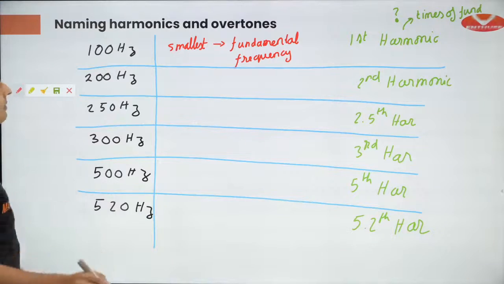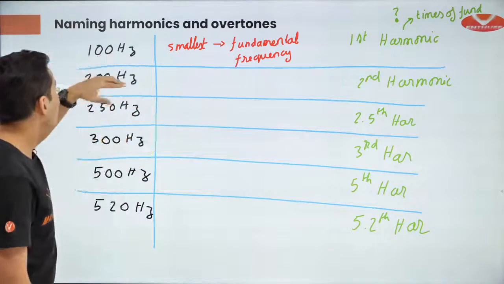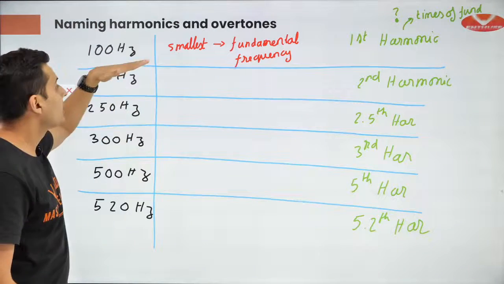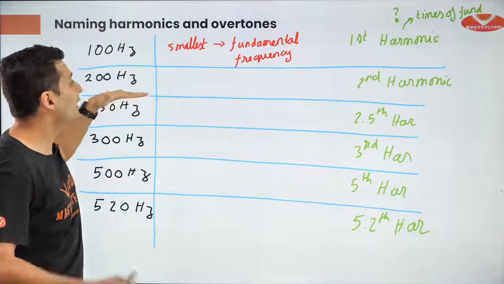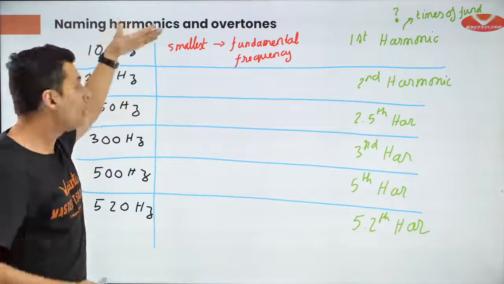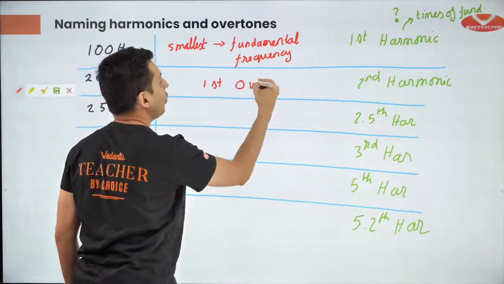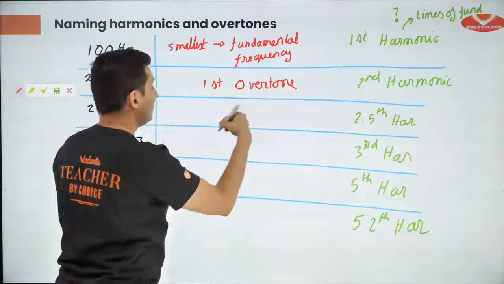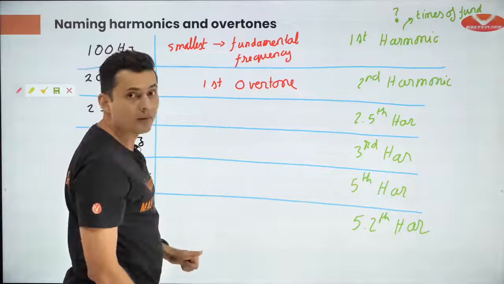Now, talking about overtones. Overtone means, 200 Hertz is how many frequencies above 100? It's the first frequency that you get above this fundamental. That is why this is called the first overtone. This is the first time you get any frequency over the fundamental frequency.